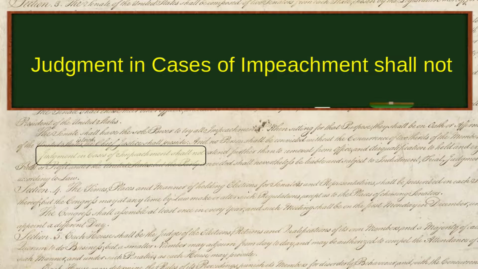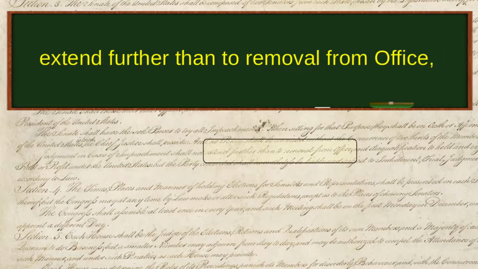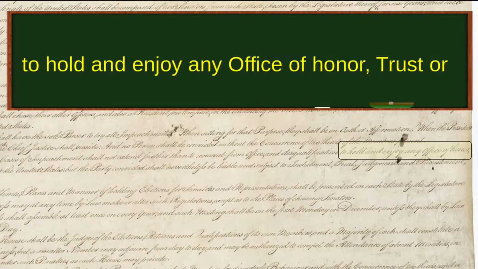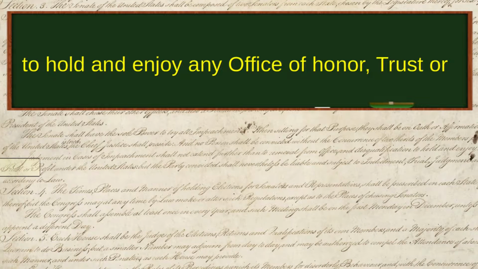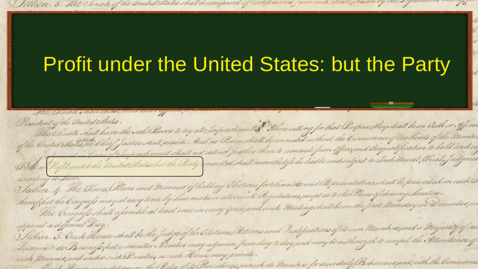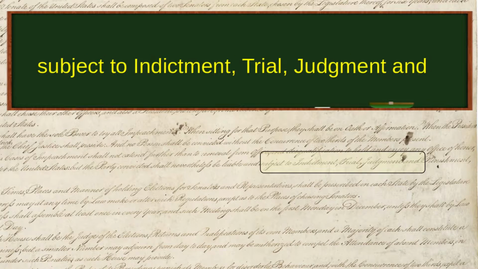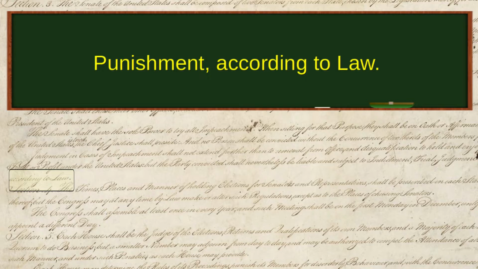Judgment in cases of impeachment shall not extend further than to removal from office and disqualification to hold and enjoy any office of honor, trust, or profit under the United States. But the party convicted shall nevertheless be liable and subject to indictment, trial, judgment, and punishment according to law.